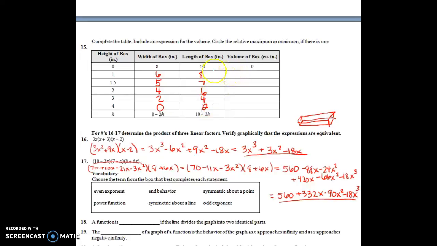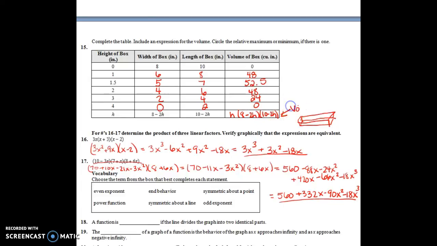And then to find the volume of your box, it's length times width times height. So you're just multiplying the 8 times the 6 times the 1, and you get 48. Multiply the 7 times the 5 times the 1.5. 48 again, 24, 0. So again, it's the 3 expressions multiplied times each other to find the volume.